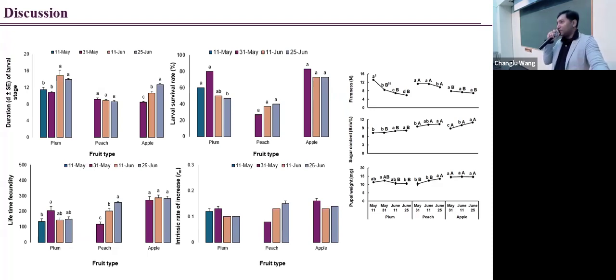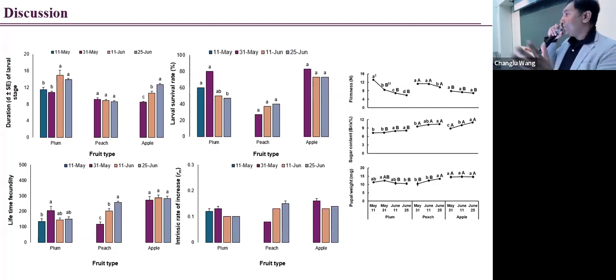That means the hair. Scientists found that the hair on the peach fruit acts as a deterrent for the insects. They like that fruit, but couldn't enter into the fruit because of the dense hair, or you can say the pubescence. So there's another reason we are not getting a higher survival rate for that insect.